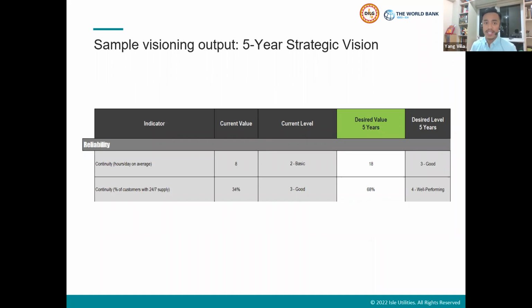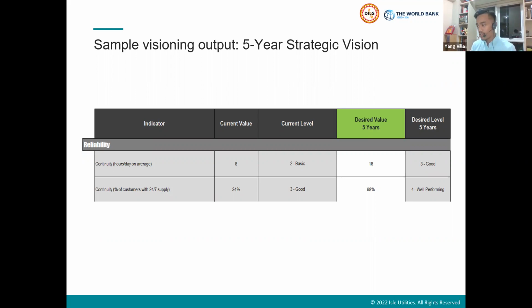And once we get the utilities to be confident about the changes and transformation they can make, then we encourage them to look at the next 5 years. In this section, we encourage them to set targets for themselves for the next 5 years in what we call a 5-year strategic vision.